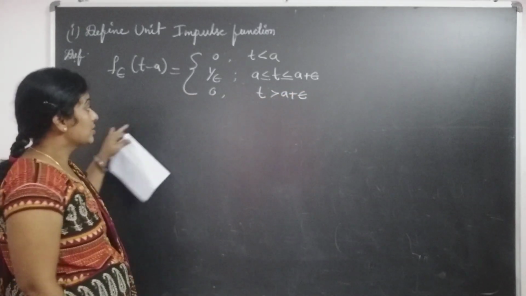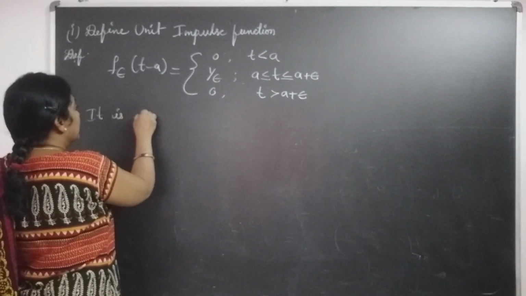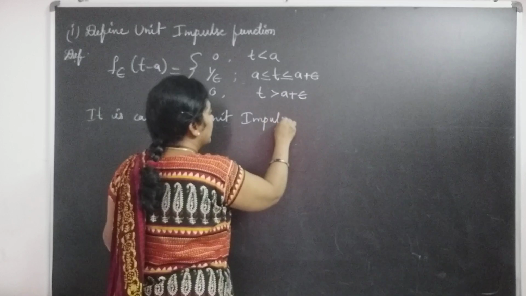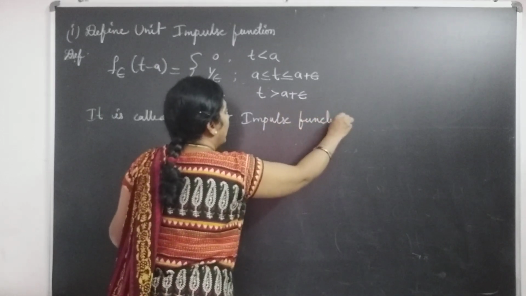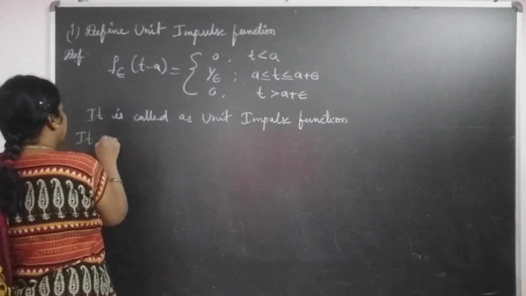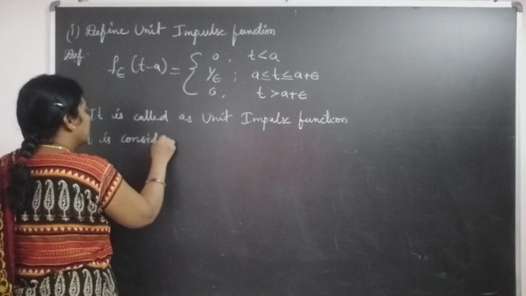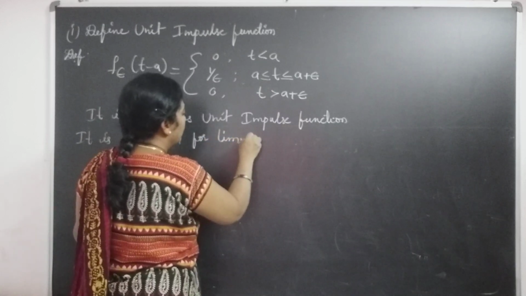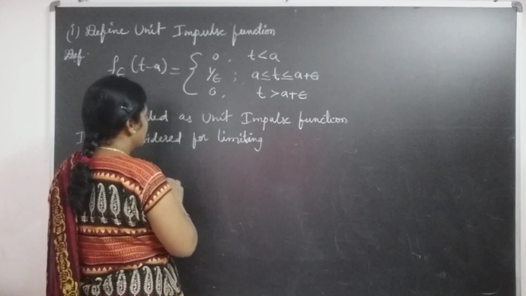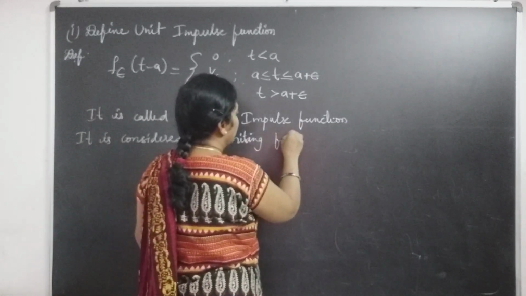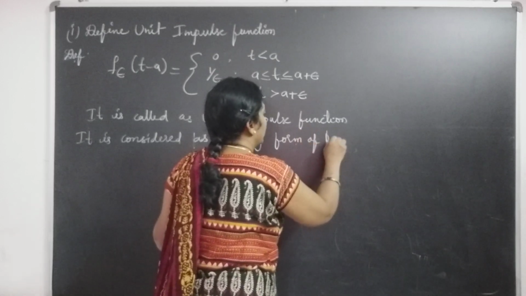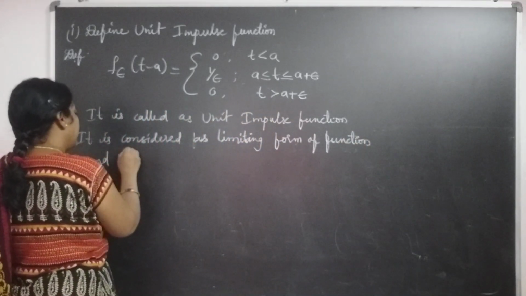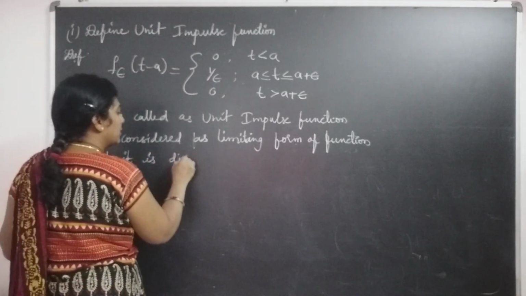This function is called the unit impulse function, it is considered as a limiting form of a function, and it is a discontinuous function.